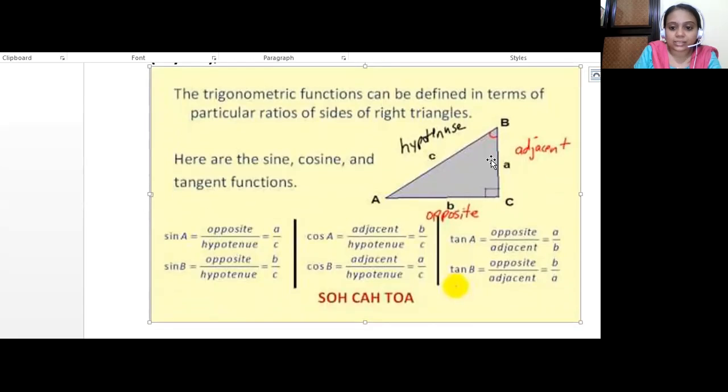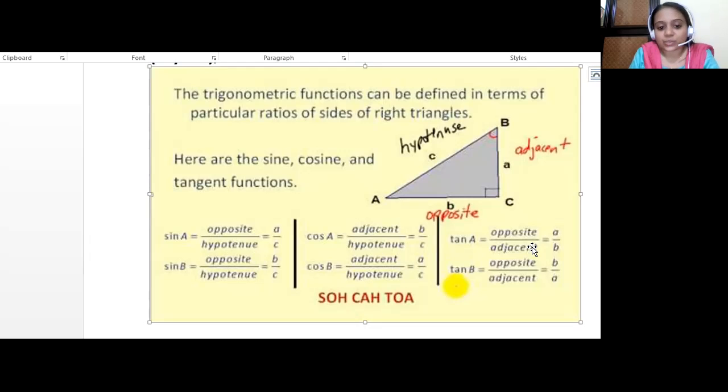So our opposite side is small a and hypotenuse is small c. So we are finding this ratio, and that value is equal to the sine of angle A. And the ratio of the adjacent side of angle A and hypotenuse, that value is the same as cosine of angle A. And similarly, tan A is the ratio of the opposite side of angle A and the adjacent side of angle A.